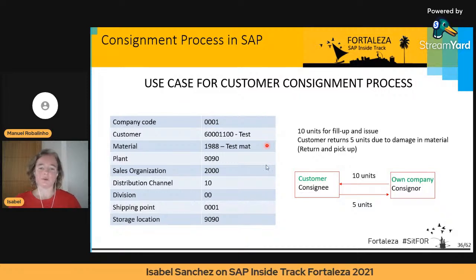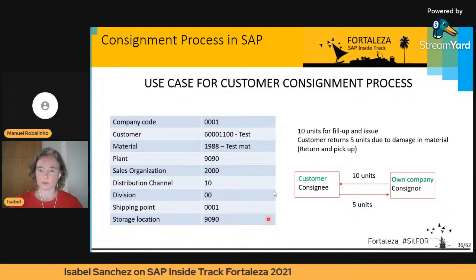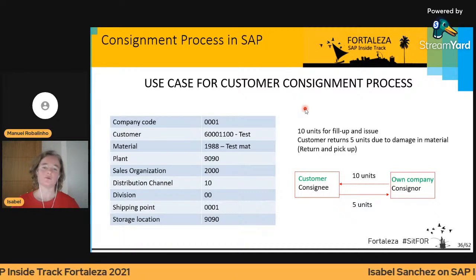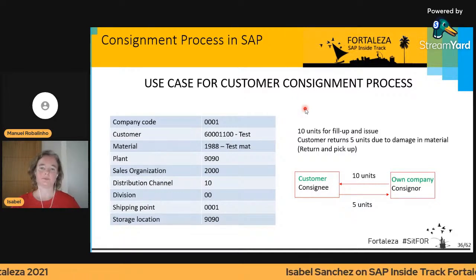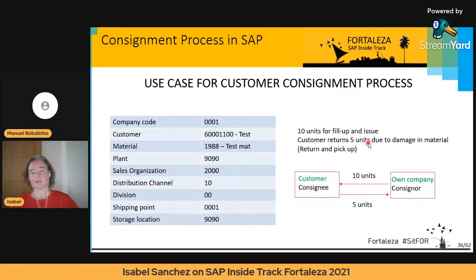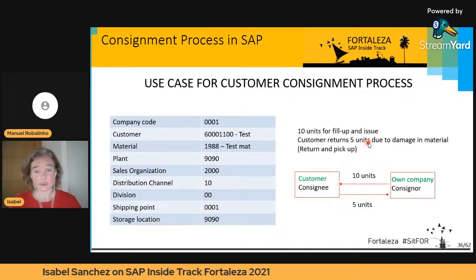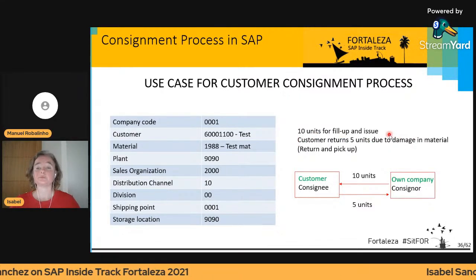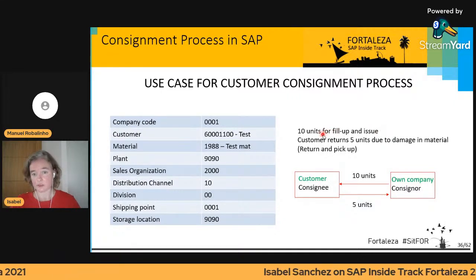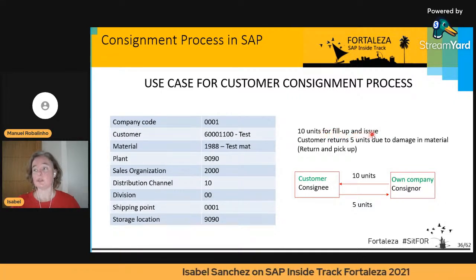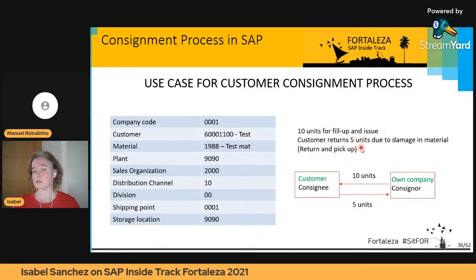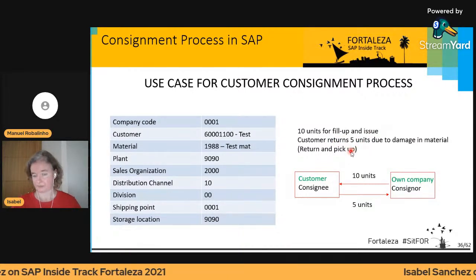I defined another scenario for the customer consignment process that I will use for all of these processes. The number of items is the same. There are 10 units for fill up and issue, and 5 units for customer returns and pick up.